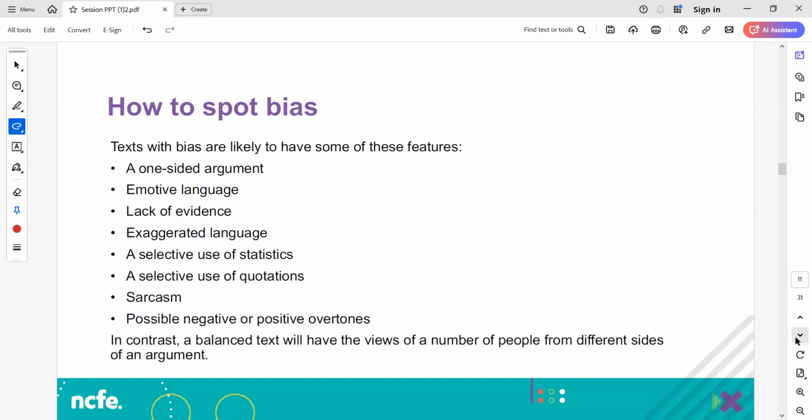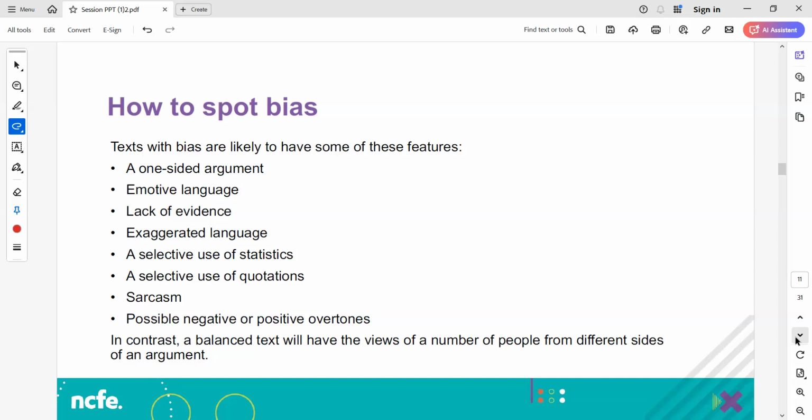A lack of evidence, so they're not giving any facts to back up what they are claiming. Exaggerated language, so nobody in this country agrees with this policy. So really nobody, not one person, it's exaggerated. They're just stressing their point that it's unpopular.